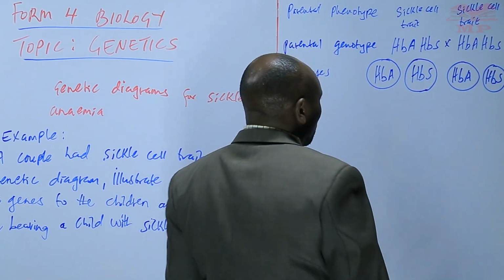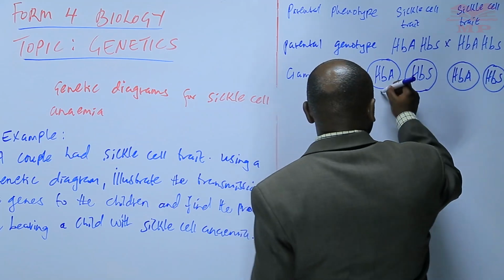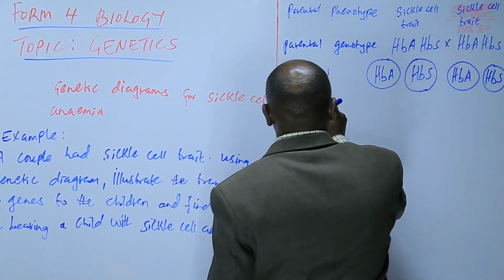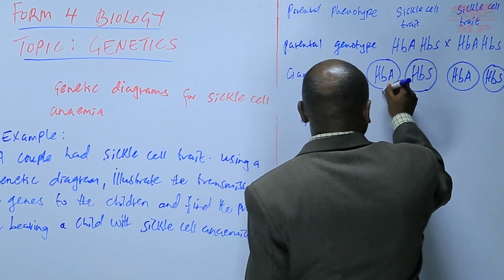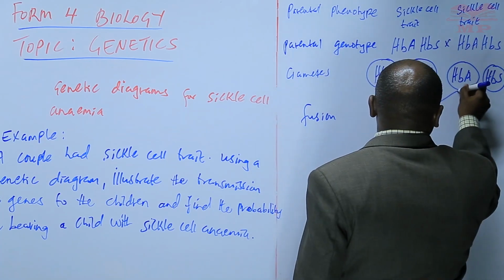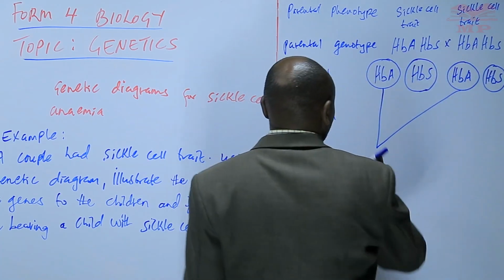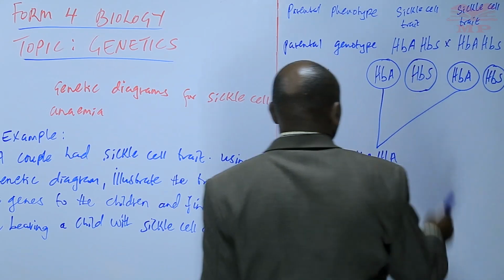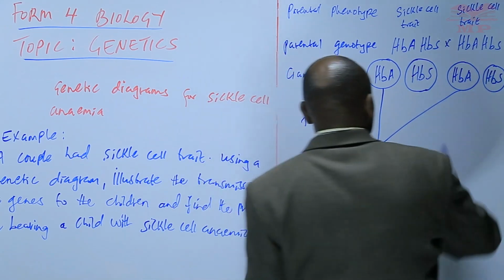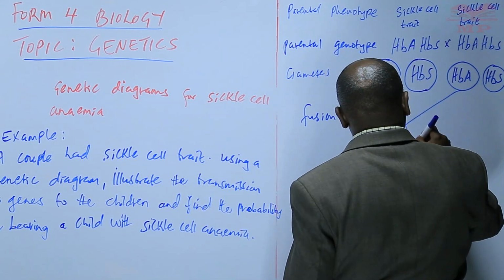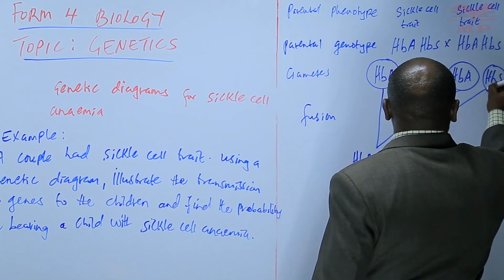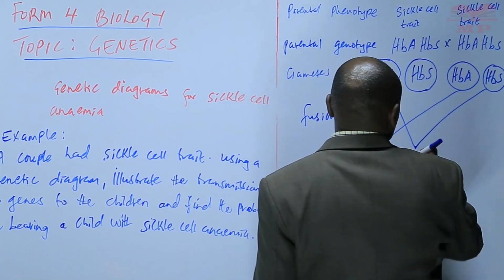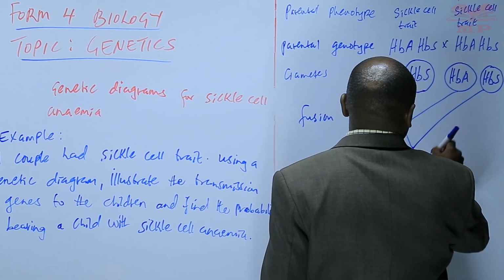So we can do genetic crossing, fusion, with the first one on the other side. So we get HbA, HbA, the first and the second of the other side. We have HbA, HbS.